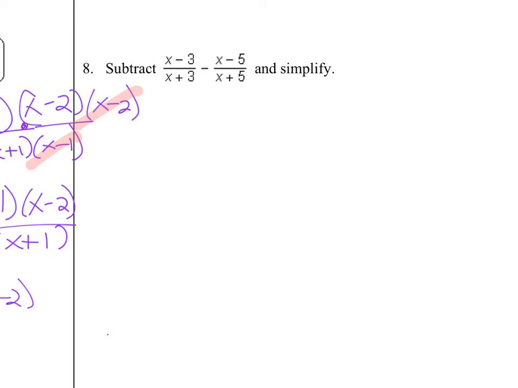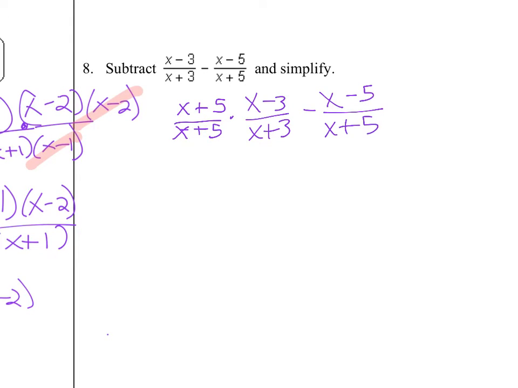All right, now I have to do a common denominator in order to add these together. So I'm going to have to do an x plus 5 times the x minus 3, x plus 3, in order to get a common denominator. And I'm going to have to multiply x plus 3 to the second term.